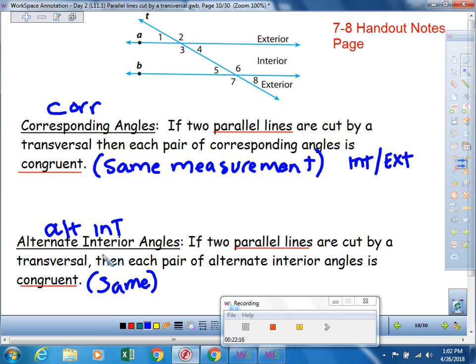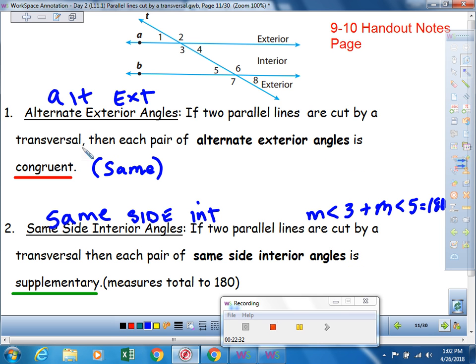Alternate interior, both in the interior. Alternate exterior, both in the exterior. And same side interior, both in the interior.